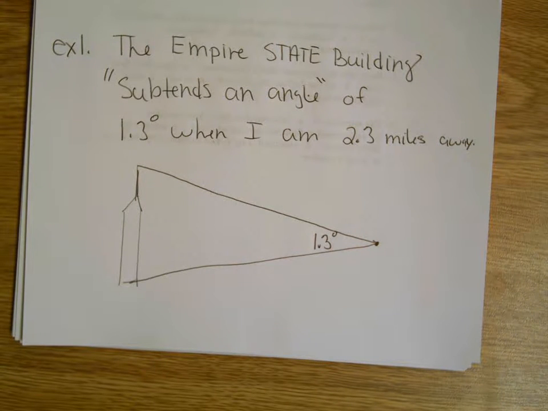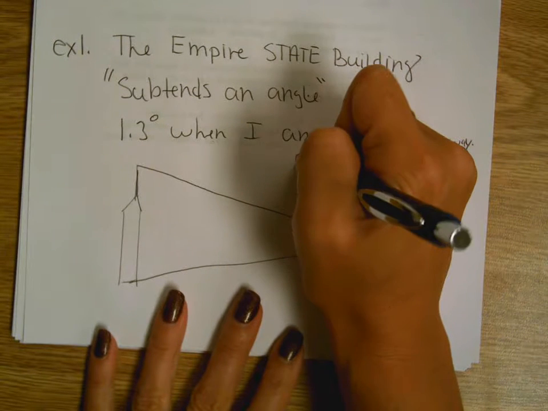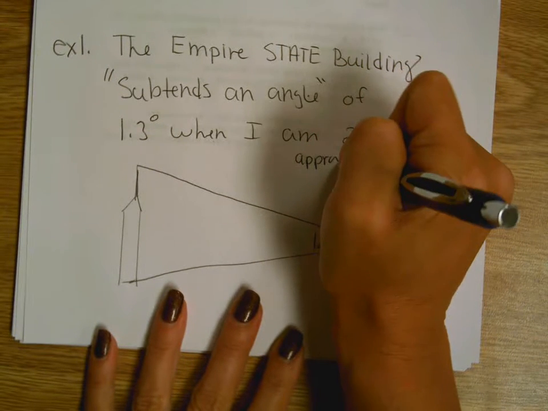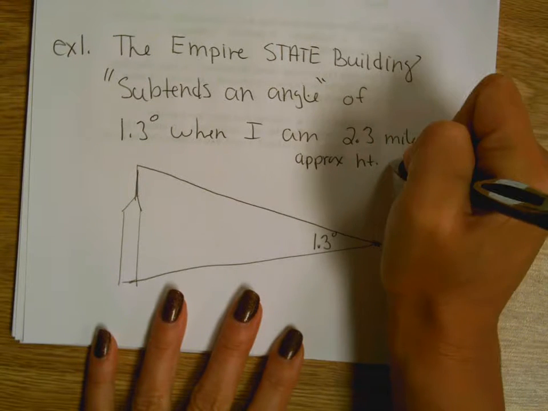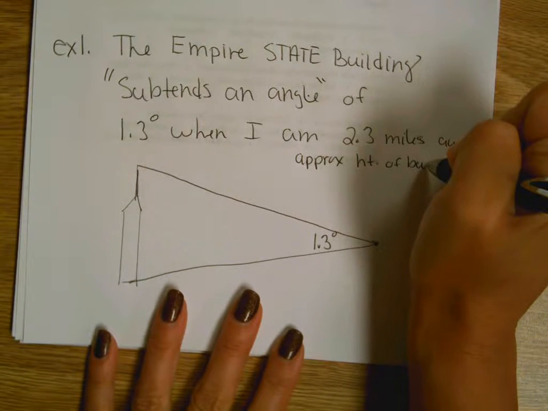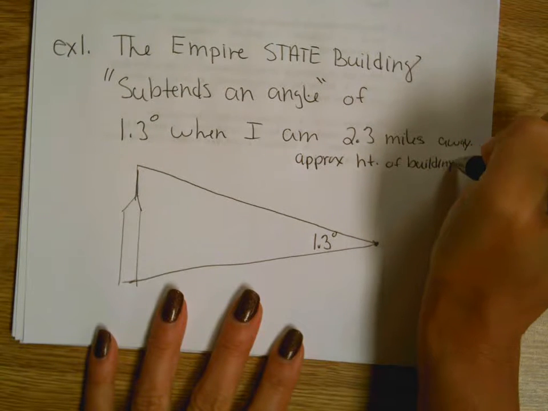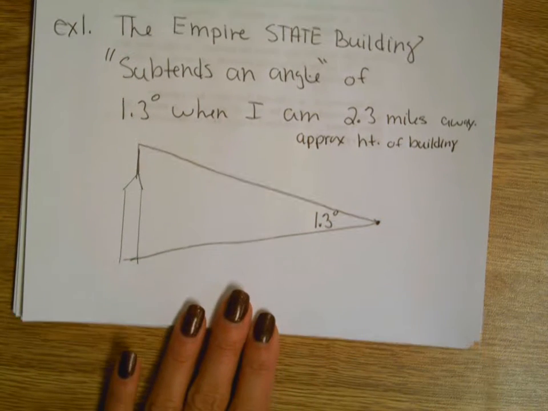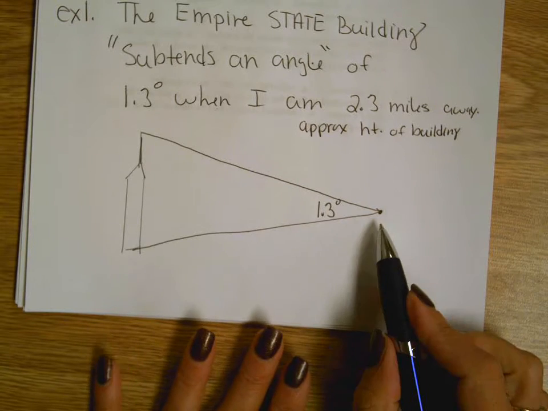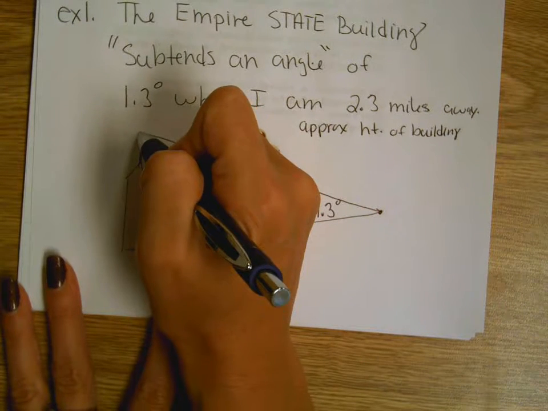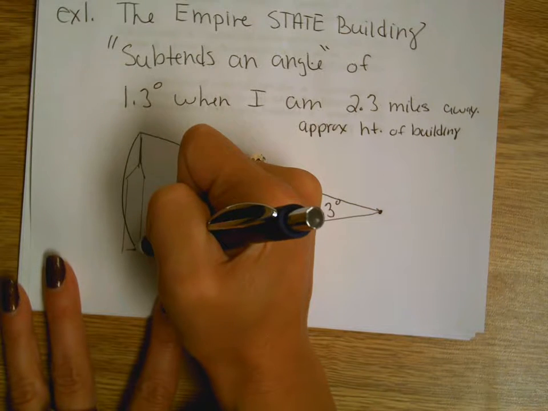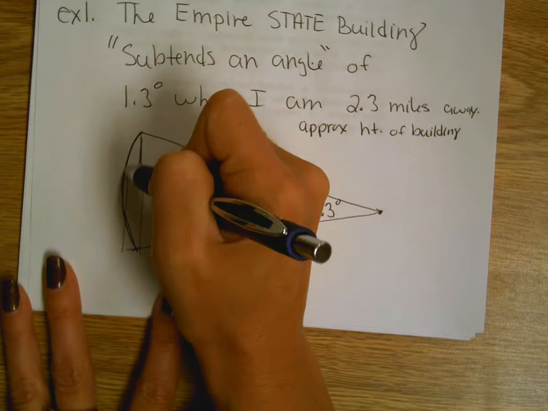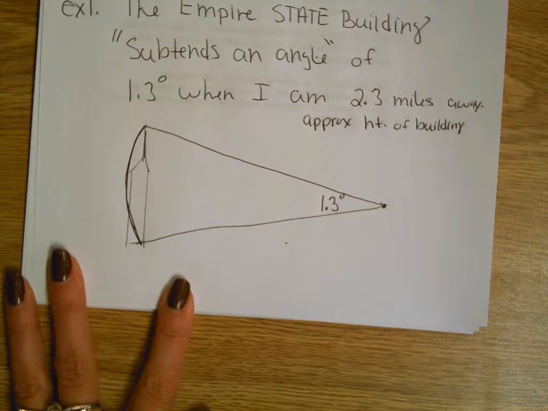Oh, I forgot to write the question down. Your goal is to approximate the height of the Empire State Building. And how we're going to do this is pretend that this is the center of a circle. We are going to find the arc length, which is going to be a good approximate value for the linear distance, the vertical distance of the Empire State Building.